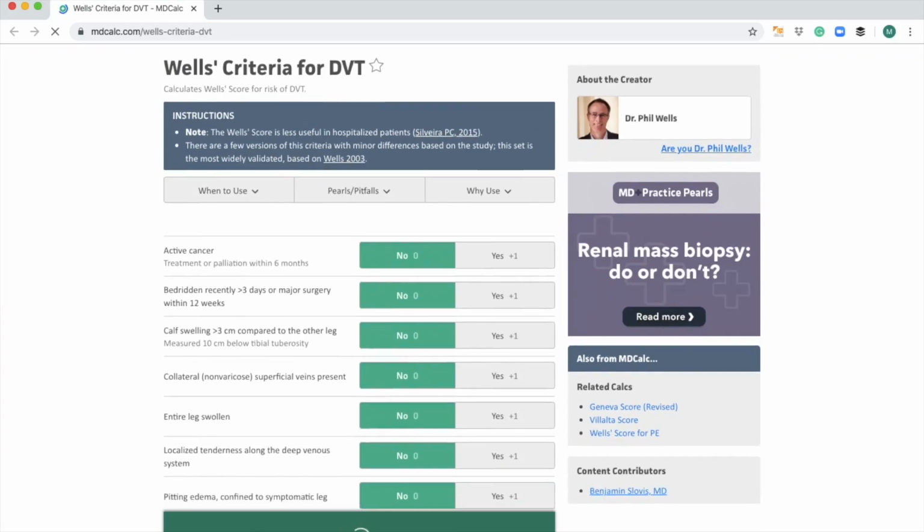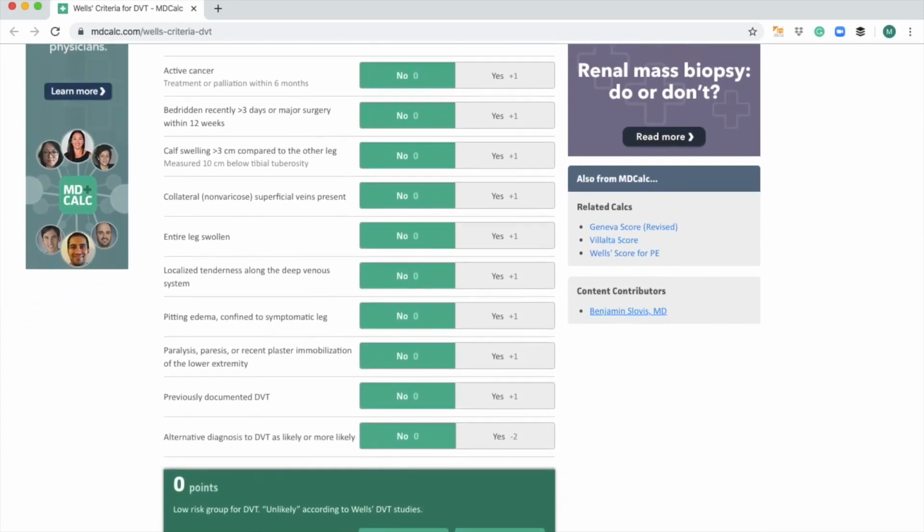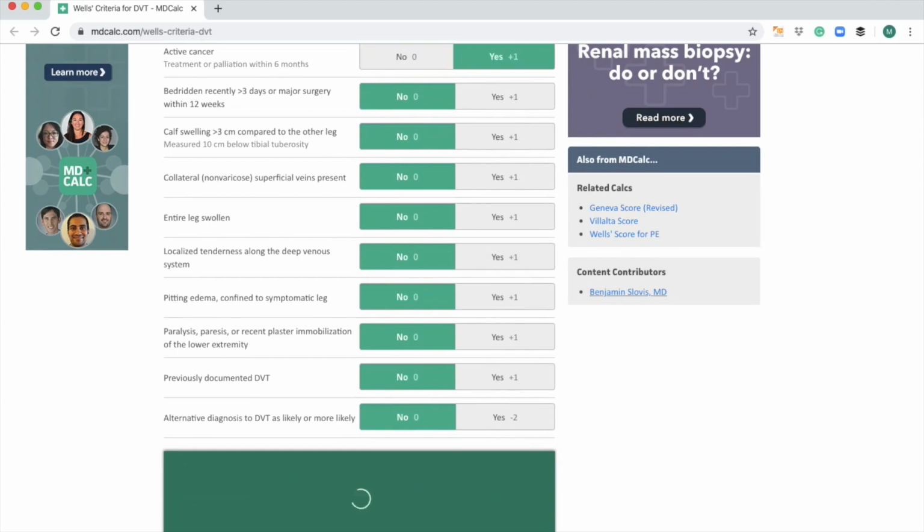You could use a system like System 1 if you have inbuilt templates to do your Wells score, or if you don't have a template, you could use this website, which I commonly use. You can see all the questions and tick depending on whether this patient has this particular issue or not, and it'll give you the overall score.